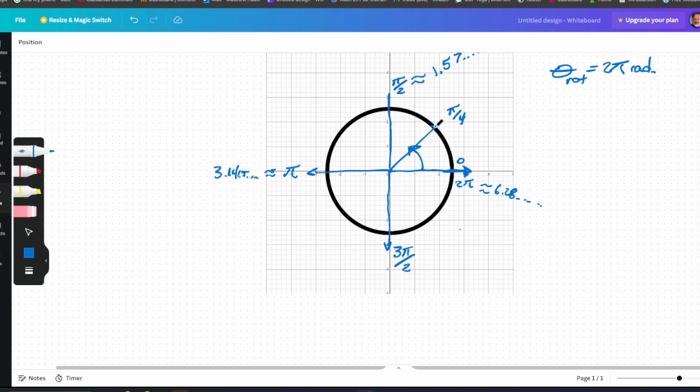That would be 1 pi over 4, 2 pi over 4, which would reduce to pi over 2, then 3 pi over 4 radians, 4 pi over 4, and of course 4 pi over 4 would reduce to just pi, 5 pi over 4 radians, 6 pi over 4, which would reduce to 3 pi over 2, 7 pi over 4, 8 pi over 4, which of course again reduces to 2 pi.